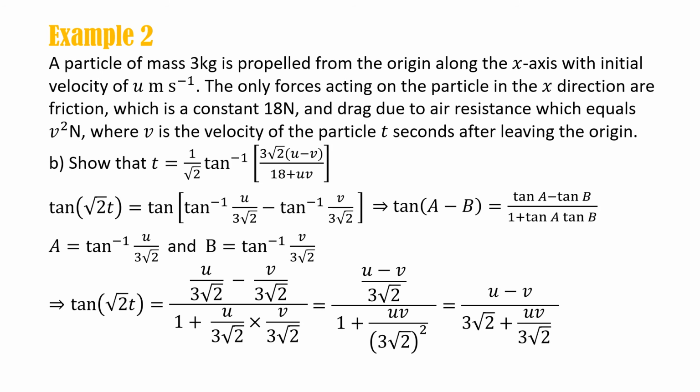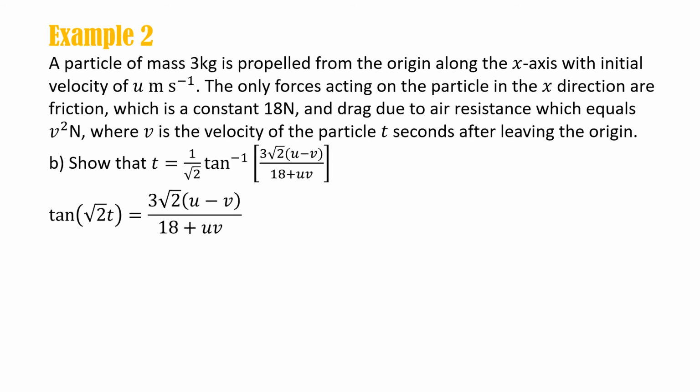And we're going to have 3 root 2 times 3 root 2, and then we're going to have uv, because those other 3 root 2's are going to cancel each other out. 3 root 2 times 3 root 2 is 9 times 2, so that's going to give us 18. Again, let's just clear all of that out and simplify it down. So what we've got there is tan of root 2 lots of t is equal to 3 root 2 lots of u minus v all over 18 plus uv.